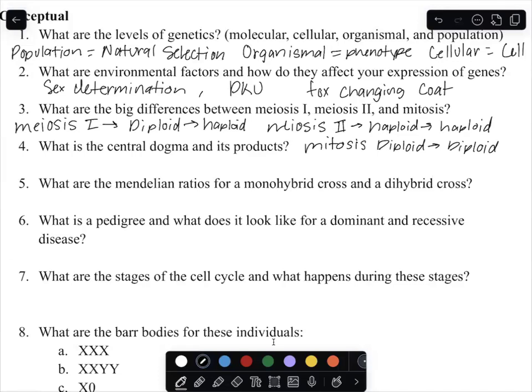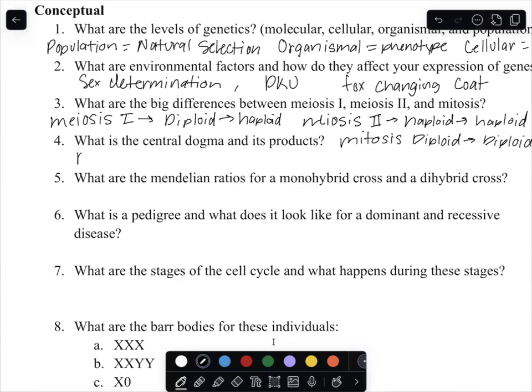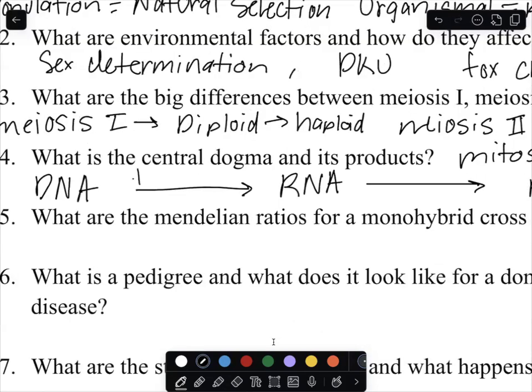Okay, what is the central dogma and its products? So central dogma is DNA to RNA to protein. Here we have transcription.